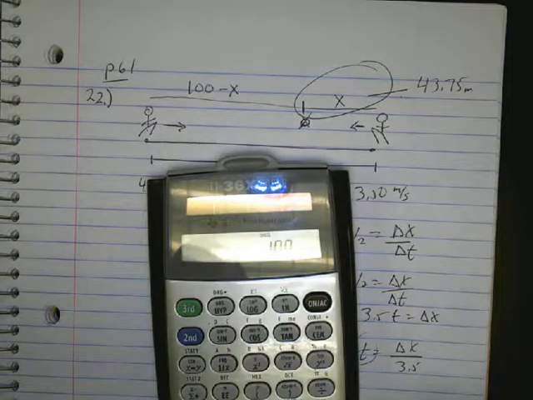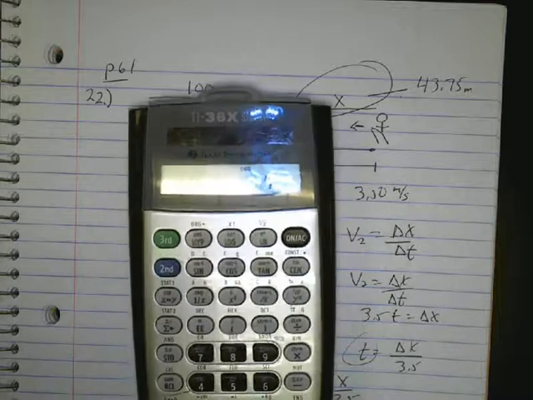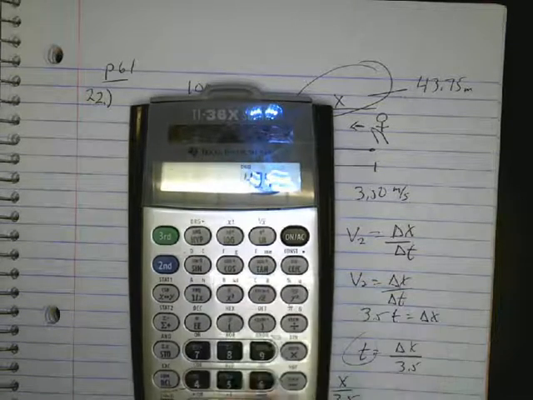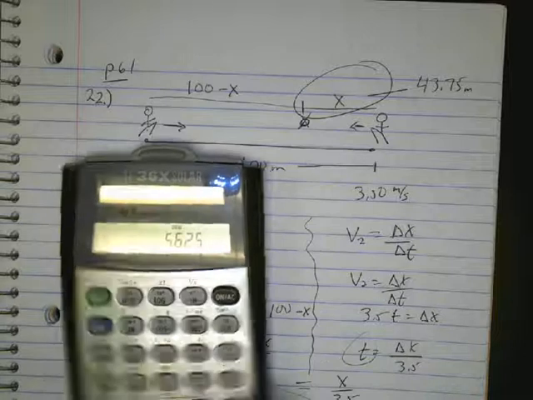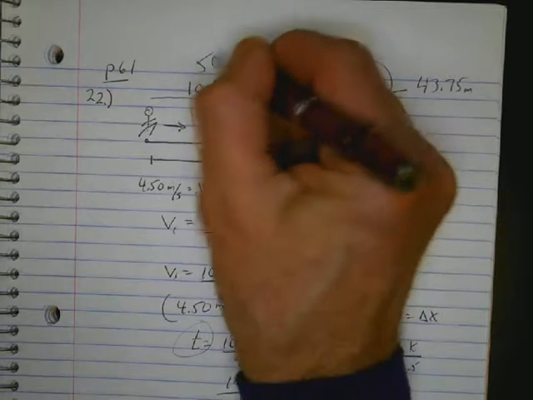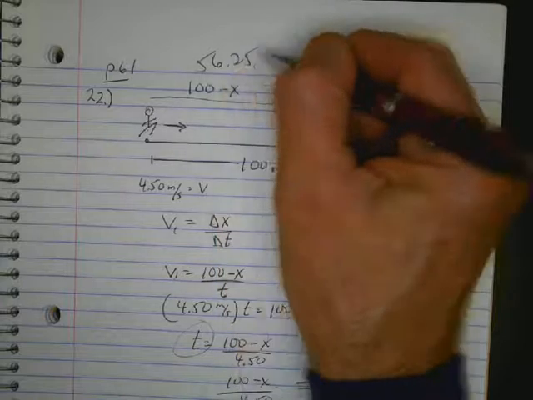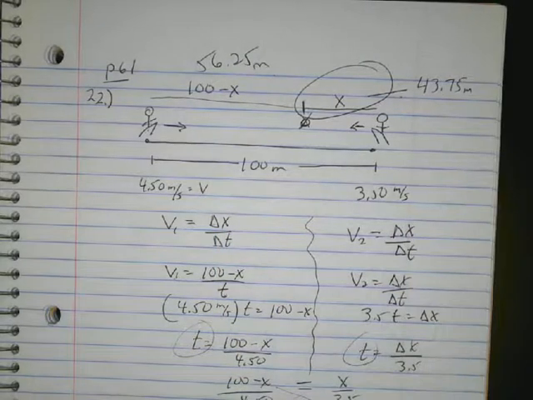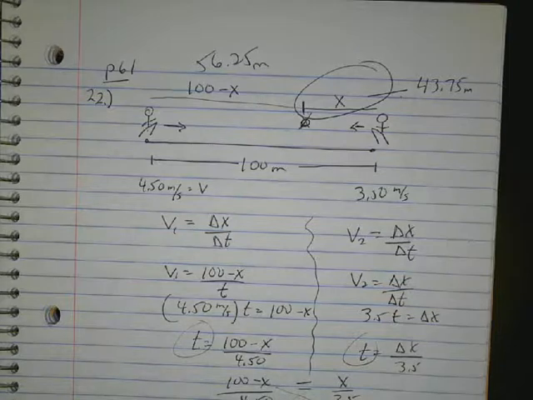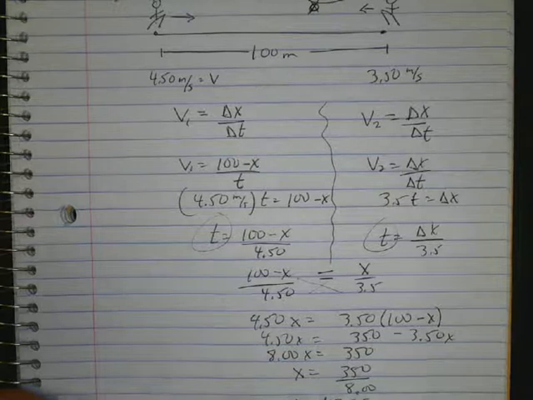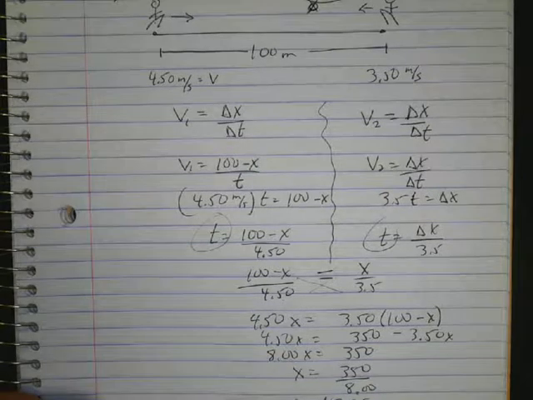Second answer, I don't see it. 43.75. And so that turns out to be 56.25, and that's in meters in both cases. So we've just answered the first question. We actually haven't gone back and answered the time question.